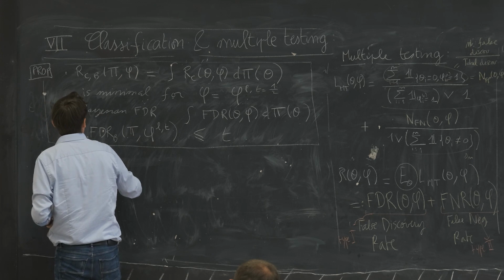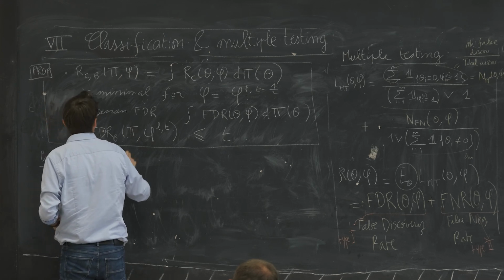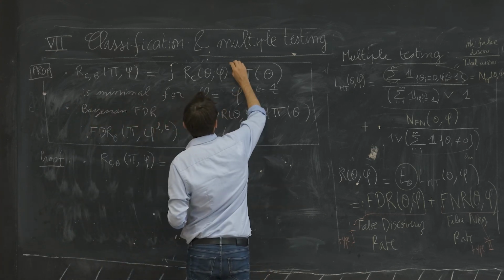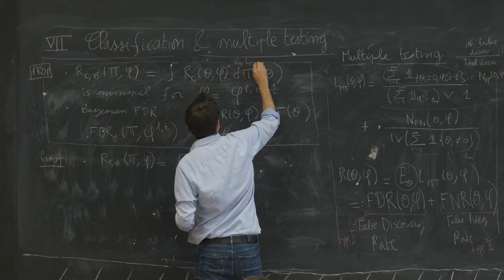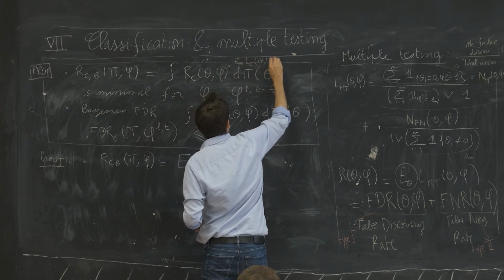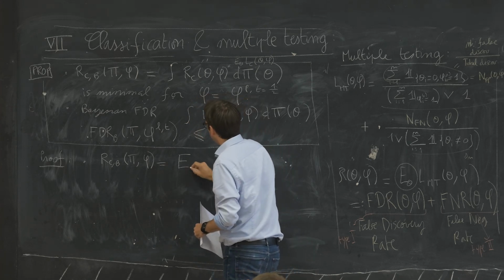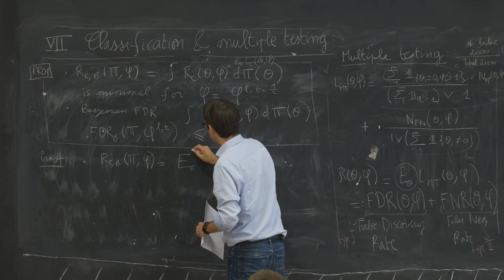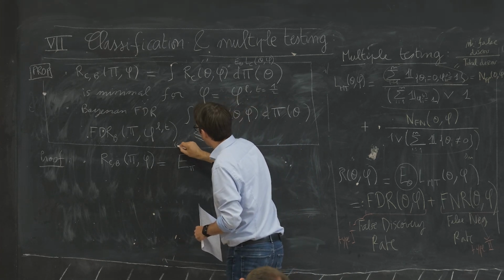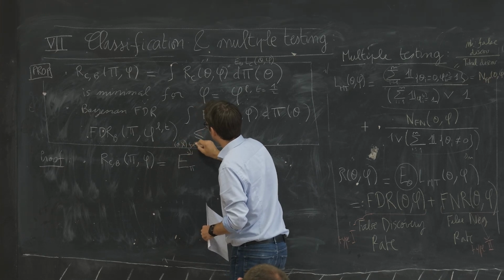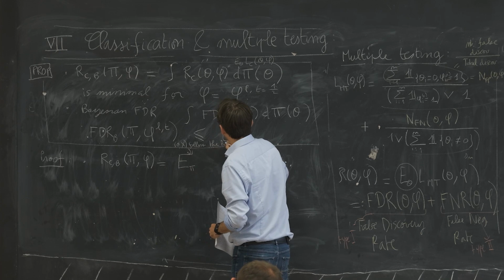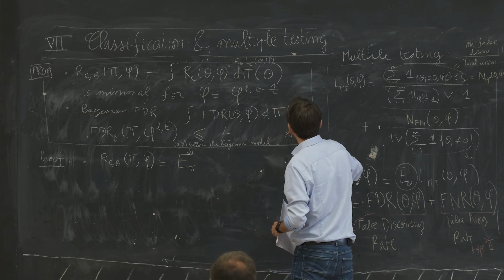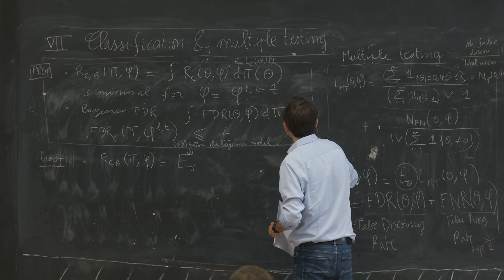I can view the Bayesian classification risk as an expectation. Recall, this is the expectation under theta of the classification loss. If I denote by E pi the expectation in the purely Bayesian model, this means that theta and x follow the Bayesian model, namely that x given theta is P theta and theta is drawn according to pi.